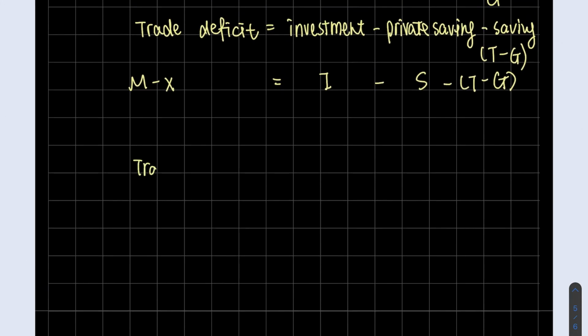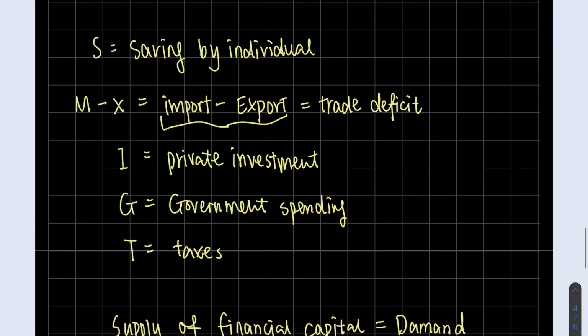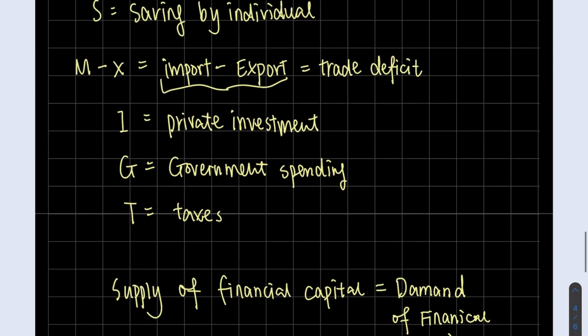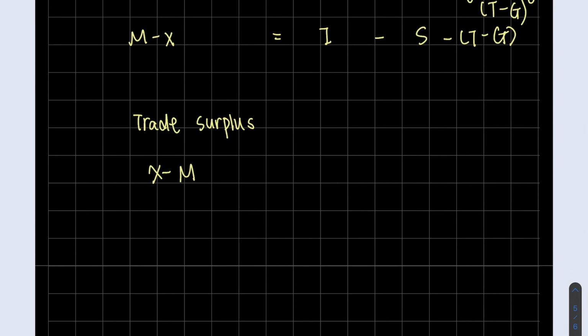Then, in the case of a trade surplus, the national saving and investment identity can be rewritten. Instead of the trade deficit, we use the trade surplus. Different from the trade deficit, the trade surplus is X minus M. X, as we mentioned here, is exports, and exports minus imports is the trade surplus.